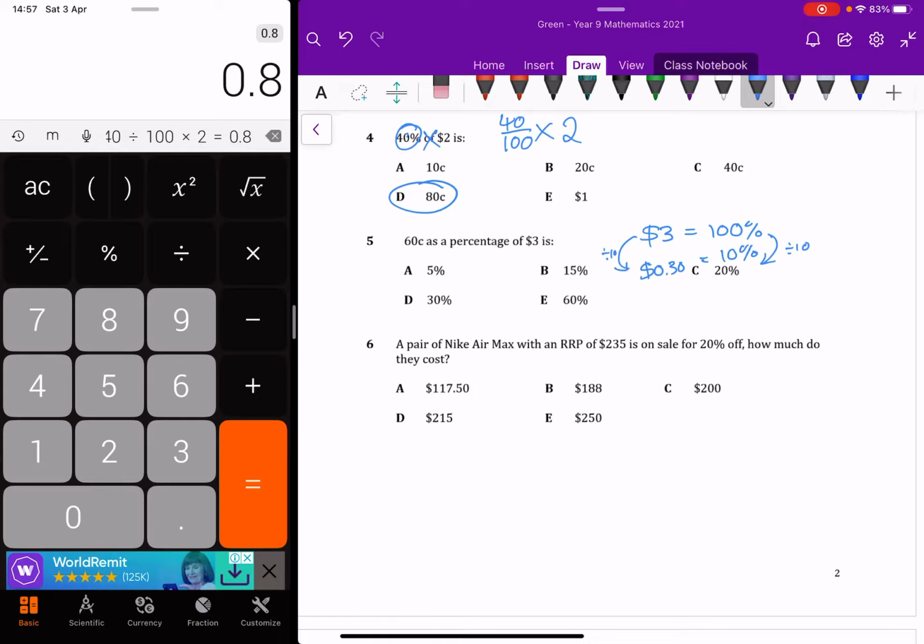So therefore, if we times this by 2, 60 cents is 20%, which gives us our answer C.